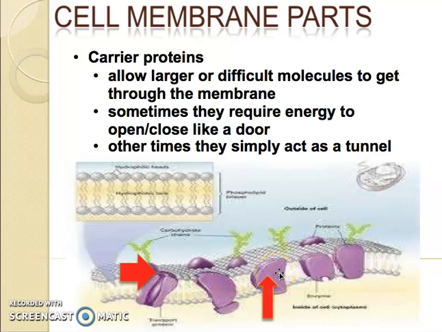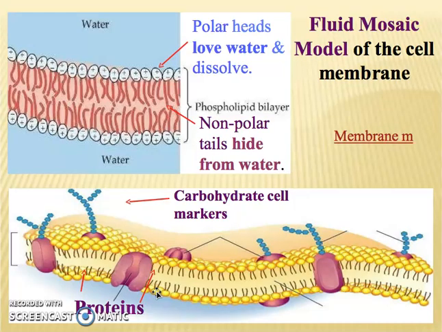So when a larger molecule is going to enter or leave the cell, these gates are opened on account of your reserved energy sources in the form of ATP. Or if the molecules are small enough that the gates are not required to be opened, these proteins simply act like a tunnel that materials can pass through.